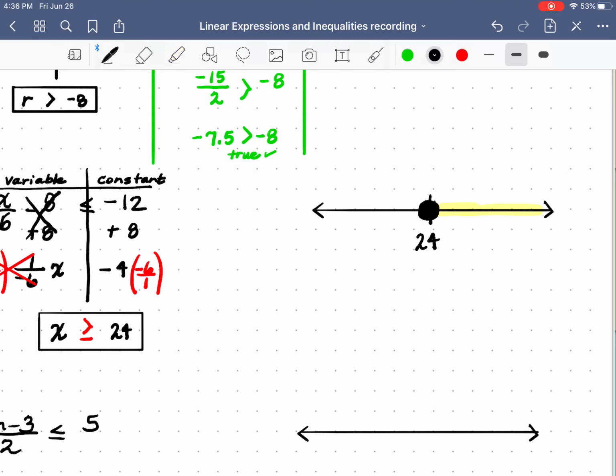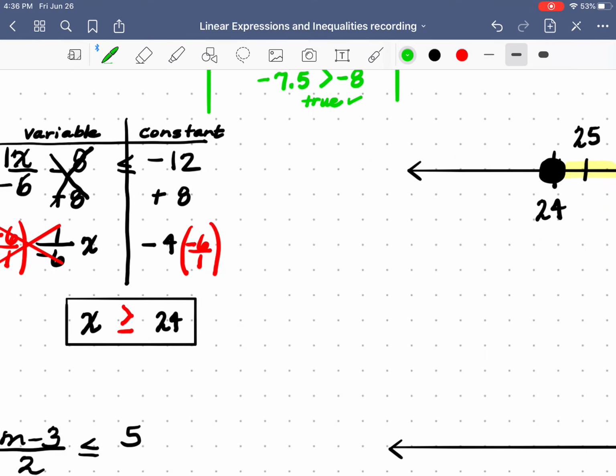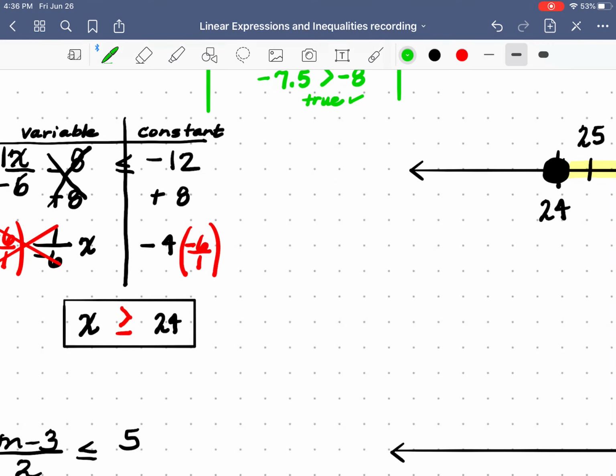And I'm going to pick 25 as my test solution. You could use 24. It's going to be one of them. But let's see what we get when we use a 25. So here's the original: x over negative 6 minus 8 is less than or equal to negative 12.